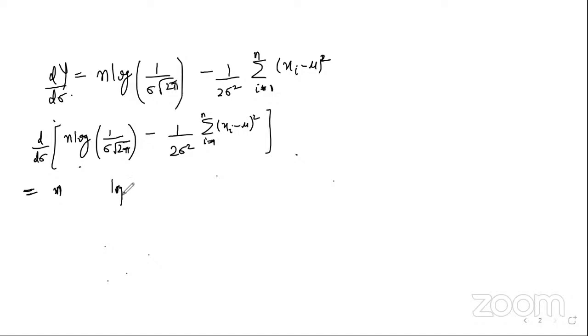That's what I'm asking. You are saying log a by b, can we write this as log a minus log b? Because in that case, the first term, n log 1, will become 0, and you will have negative of log sigma root 2 pi. So it will be, I think, 1 by x.